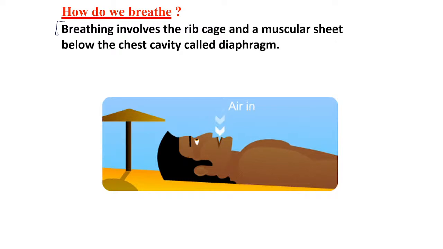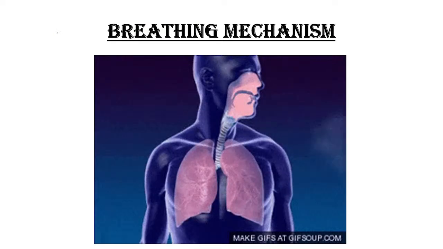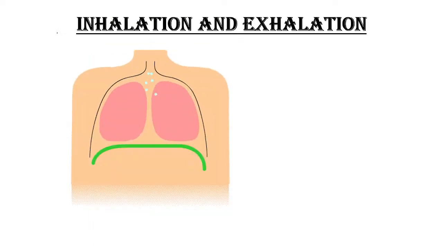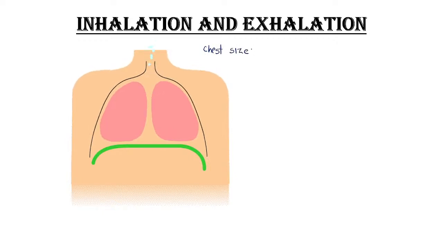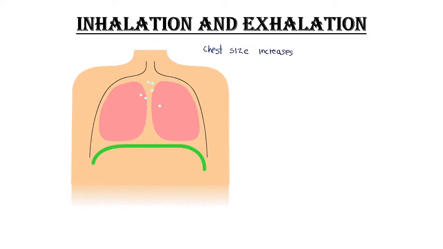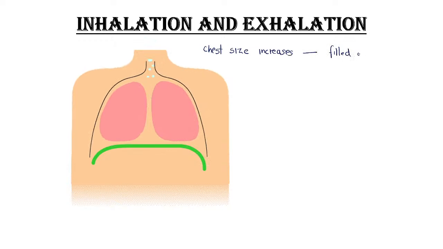Okay, so let us now understand this breathing mechanism in more detail. During inhalation, what happens? The chest size increases. Why does the chest size increase? Because it gets filled with air.